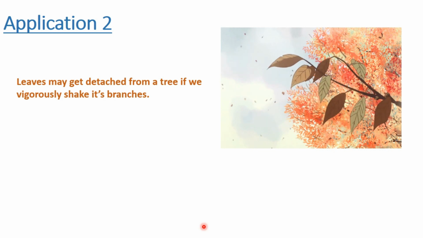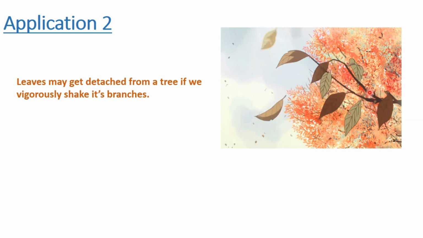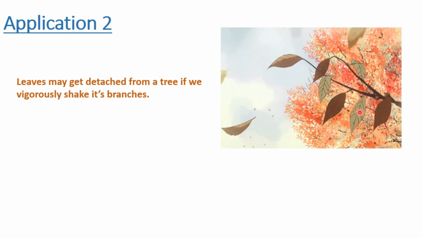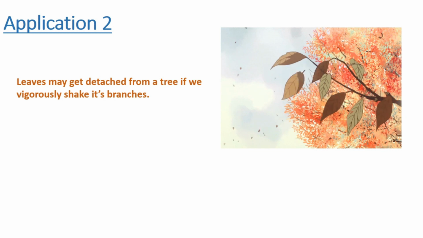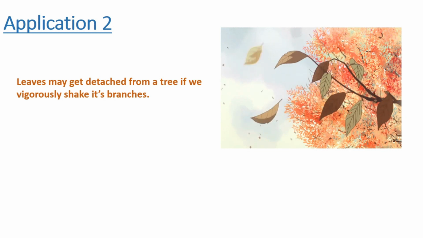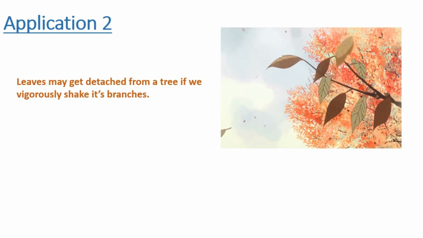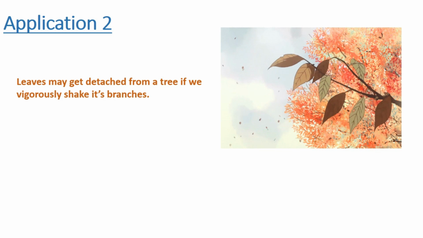Rest. Due to which what will happen? It will get separated. So the branches will come in the motion state because we are applying force on the branches. Are we applying any force on the leaves? No, we are not applying any force on the leaves. So the leaves tend to remain in the rest state, due to which the leaves get separated.